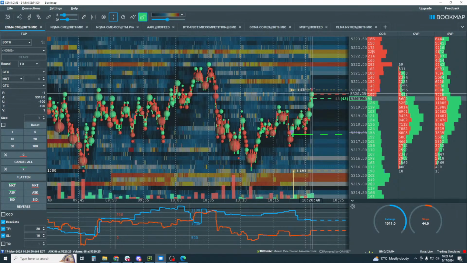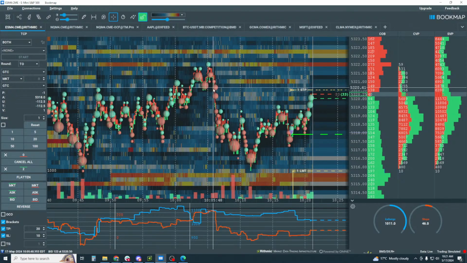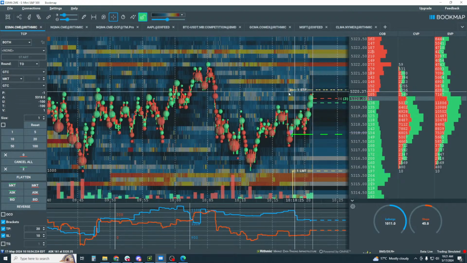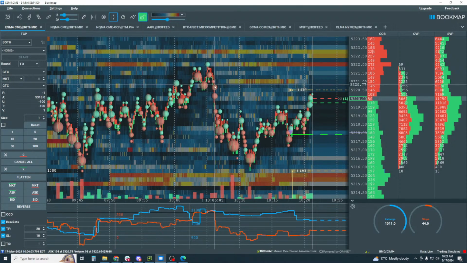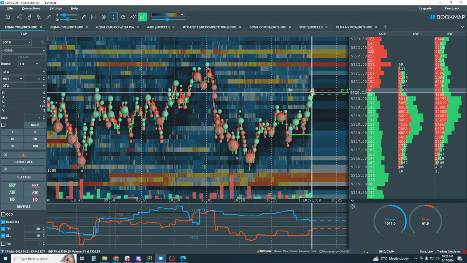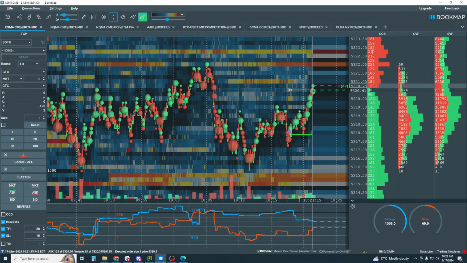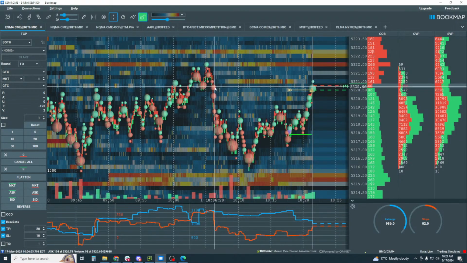We're going to look for those sellers to continue to the downside. Now, you can even still make an argument for sellers being in control up here, so you could still be sell side up here. We just got stopped out, full stop, but we can still be sell side up here.